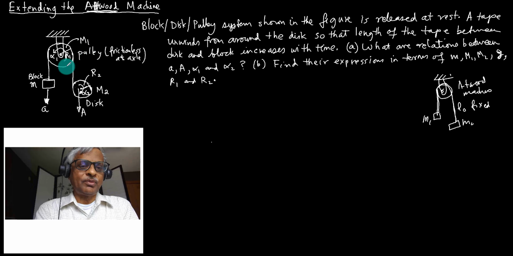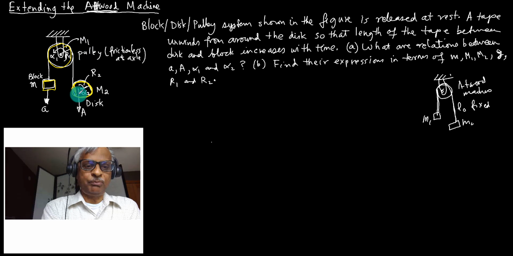So what do we have here? Actually, this is an extension of the Atwood machine, if you like. So you have the block, you have the pulley, but on the other side you have a disc with a tape.